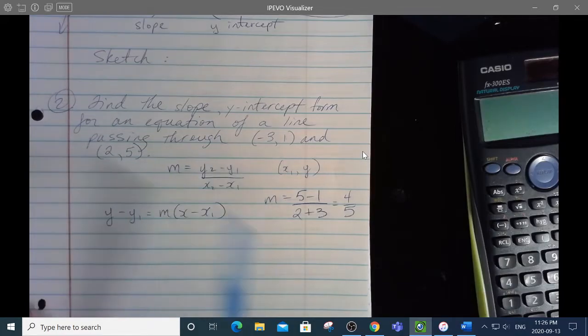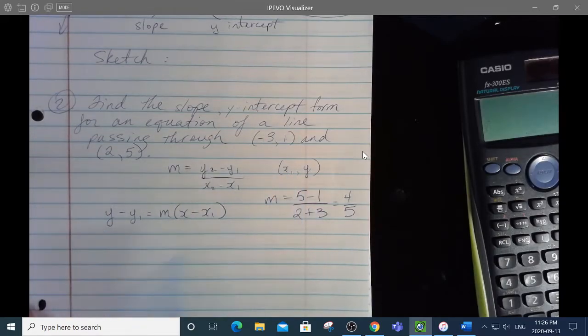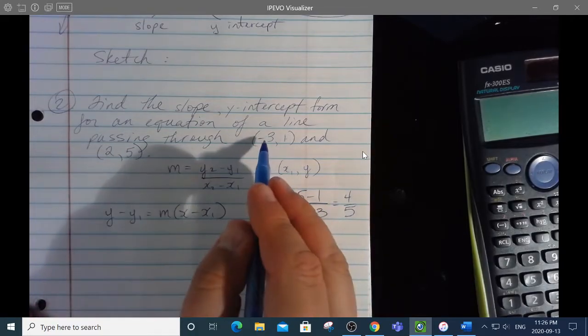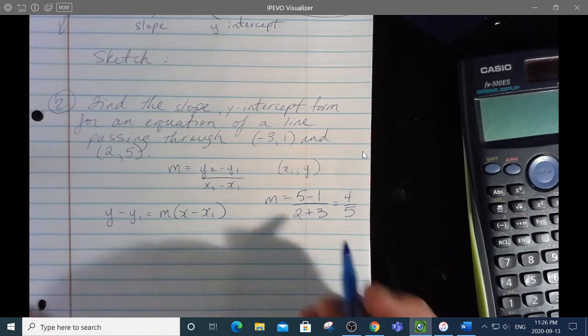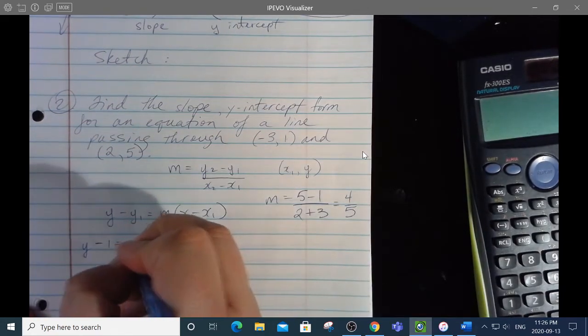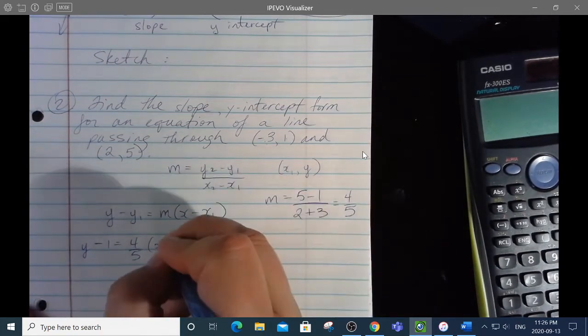Then it doesn't matter which point I pick. Pick either one of the 2 points and call it your (x, y) for this formula. I will pick the first point. So this is my x and this is my y. So it's y minus 1 is equal to 4/5 times x minus -3, so that's plus 3.